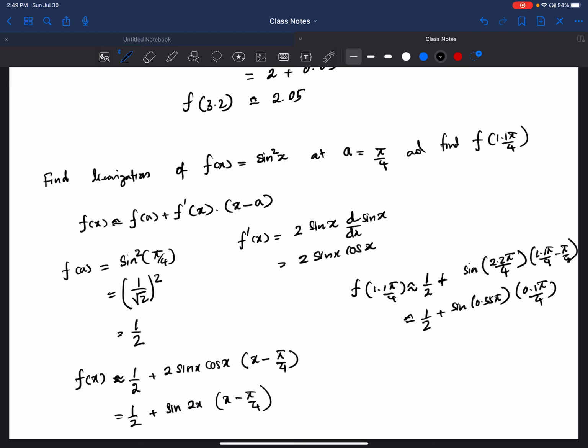So when you solve that part of the equation, you can get the answer. So you can take any function like that, linearize it, and then find the values of the function at any given point close to where you linearized it.